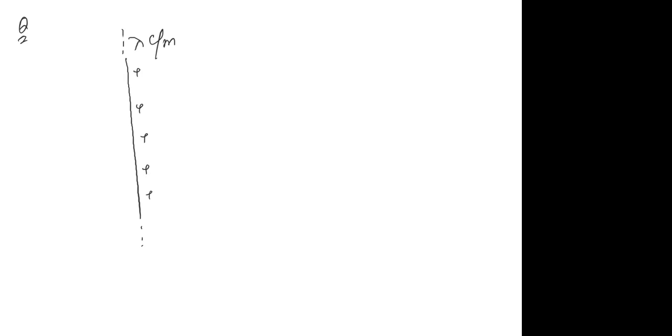I'll give you some values, the value of lambda is equal to 4 into 10 to the power minus 4 coulomb per meter, and a dipole is placed near this charged wire. This dipole has a charge of 2 into 10 to the power minus 8 coulomb, and here it is a charge of minus 2 into 10 to the power minus 8 coulomb.